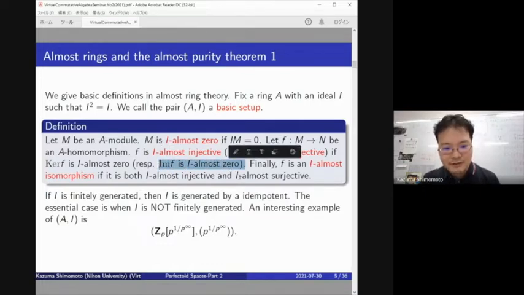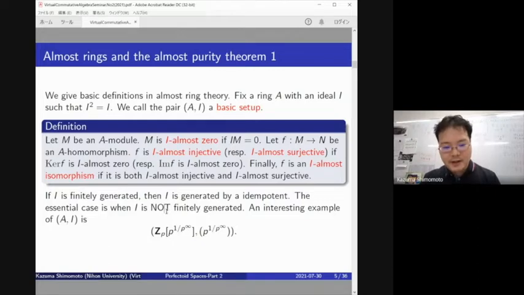I'm going to make corrections later. Finally, f is an almost isomorphism if it is both I-almost injective and I-almost surjective. By the way, if I is a finitely generated ideal, then I is generated by an idempotent. So the essential case is when I is not finitely generated.